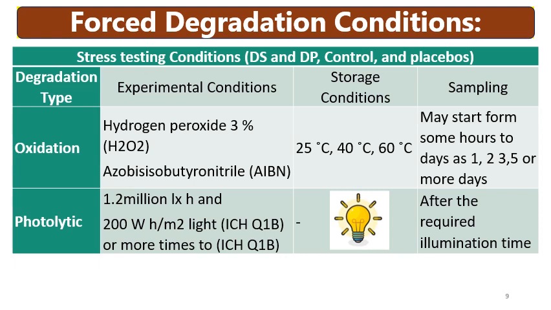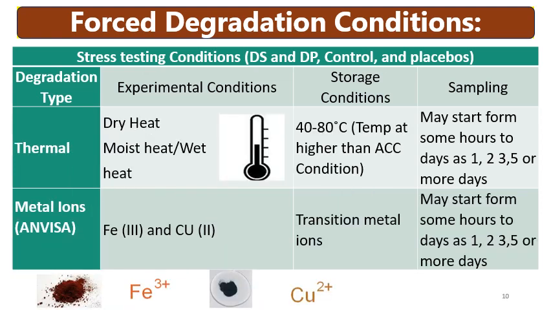So this exposure can be done two or more times, like 3 times, to study the stress effect of light. So after the required illumination time, the sample is removed and then the impurity analysis is done. So in all these conditions, the as such API is kept and placebos are also kept.